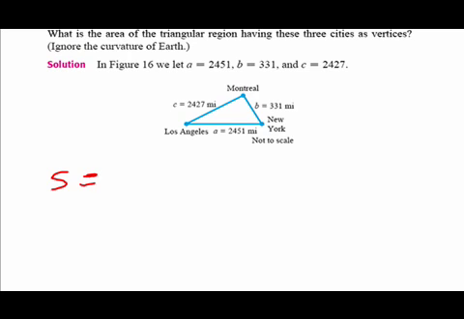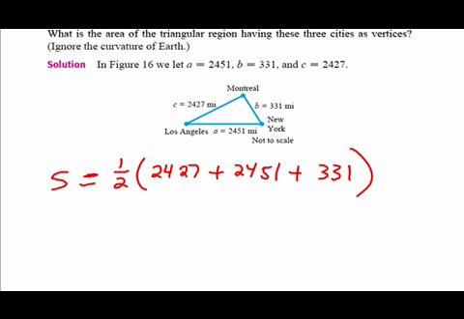S is equal to 1/2 of the perimeter, 2,427 plus 2,451 plus 331. So I add them all up, cut it in half, and our S value ends up being 2,604.5. Anybody have any questions there? Same S value?